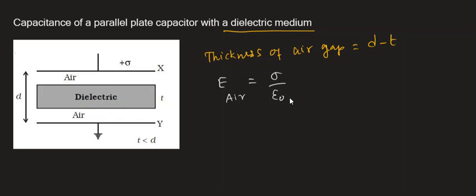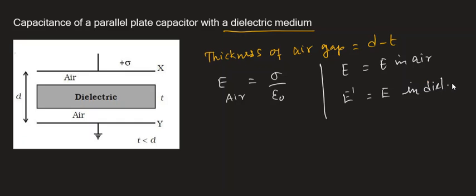And the electric field in the dielectric slab: you can put simply E as the electric field in air, and E dash as the electric field in the dielectric medium or slab. Let us represent it like this.